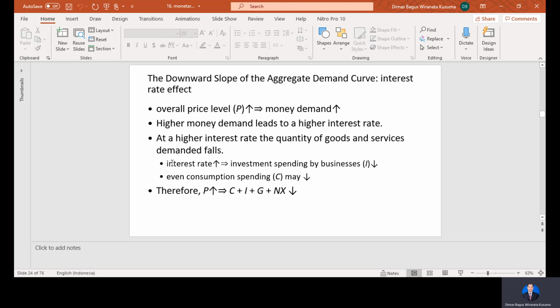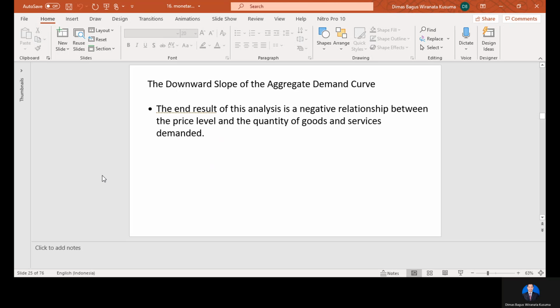Because if the interest rate increases, investment spending by business will decrease, and even consumption spending will decrease. Therefore, a price increase will make consumption, investment, government spending, and net exports decrease. The end result of this analysis is a negative relationship between the price level and the quantity of goods and services demanded.